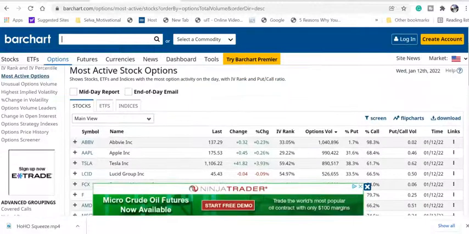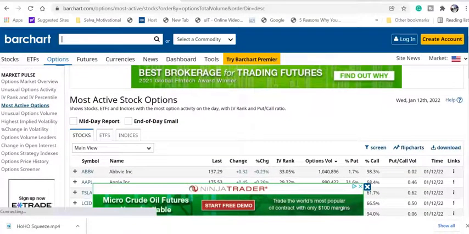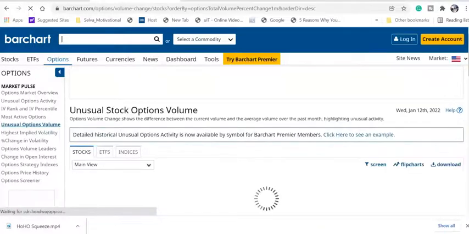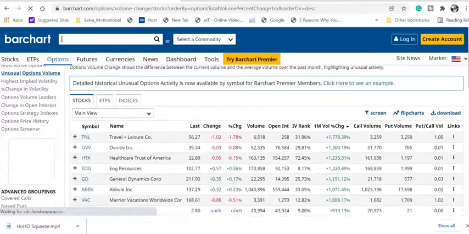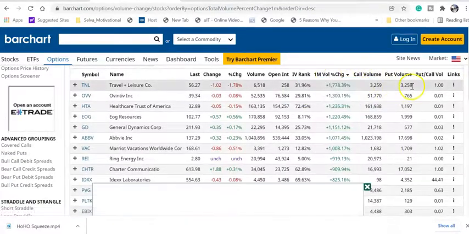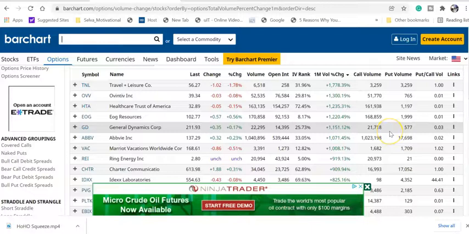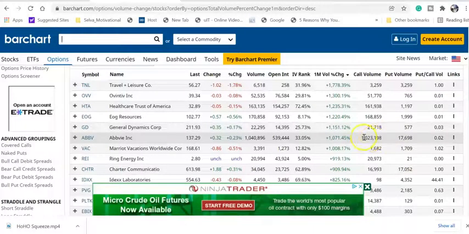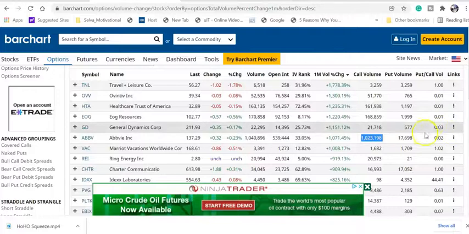Now if you want to see unusual option volume, a good one to watch is to see which option volume has drastically increased, the call volume or put volume. Here if you see ABBV, call volume has increased. It means basically somebody is buying a lot of calls.